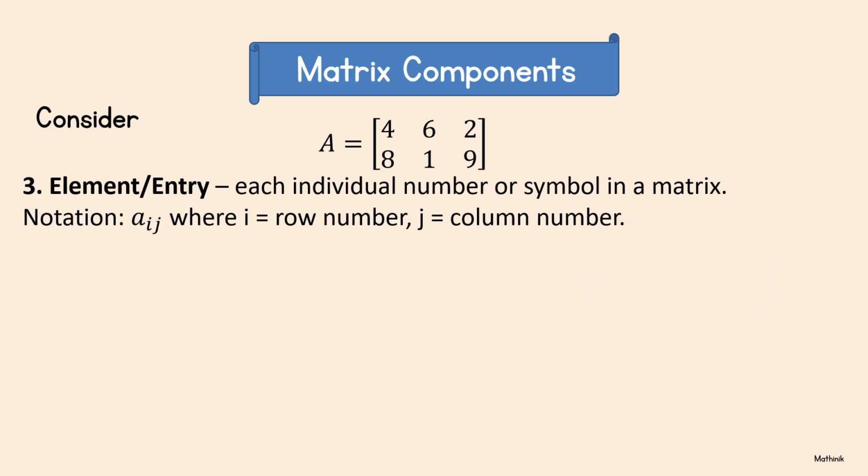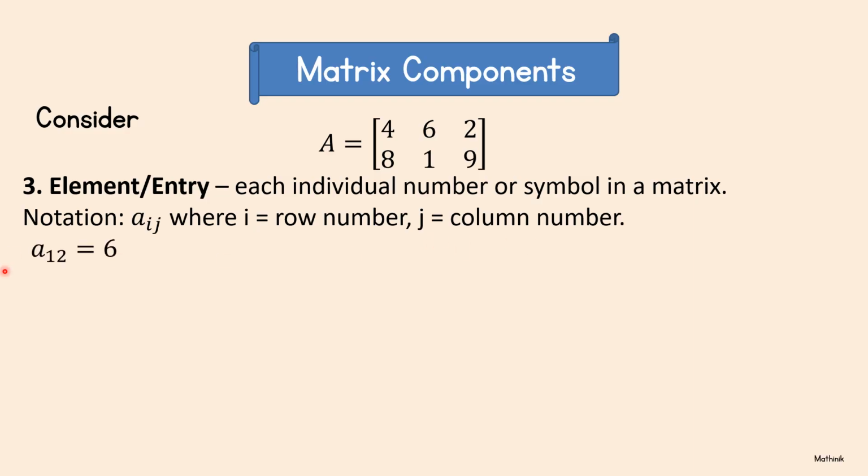Then we have element or entry. It refers to the individual number or symbol in a matrix. So every number here is an element. The notation is given by A sub ij, where i is the row number and j is the column number.